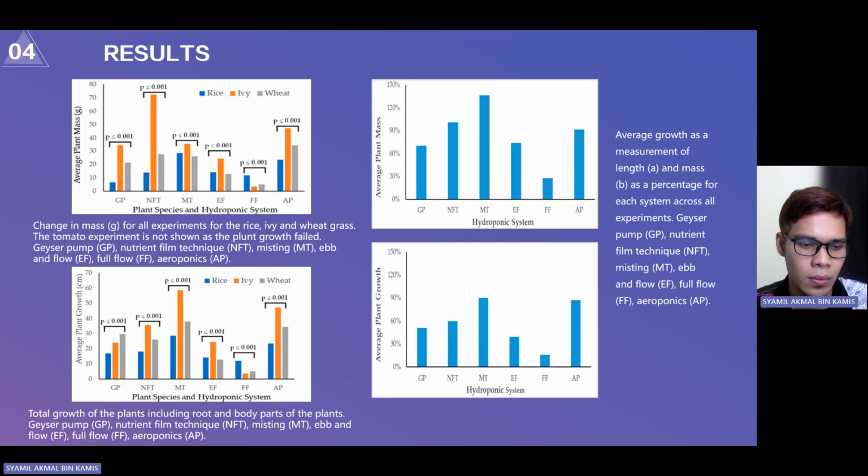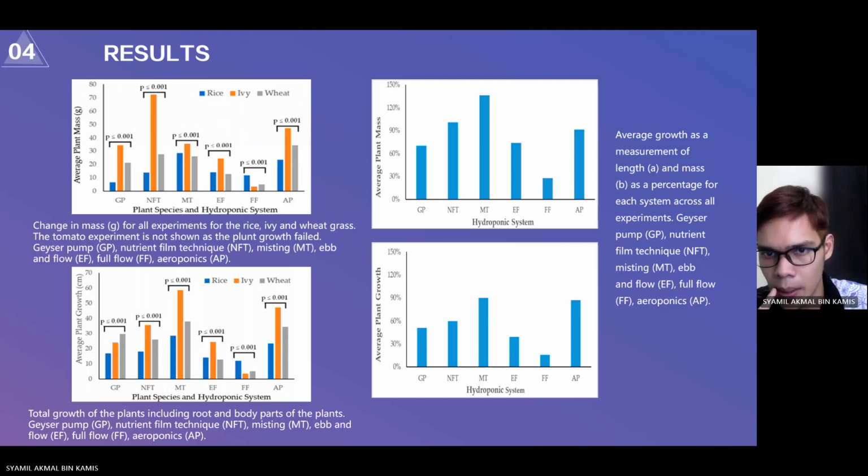The bottom graph shows the total growth of the plant, including root and body parts, for the same systems. The right side is a graph of average plant mass and average plant growth in the hydroponic system.